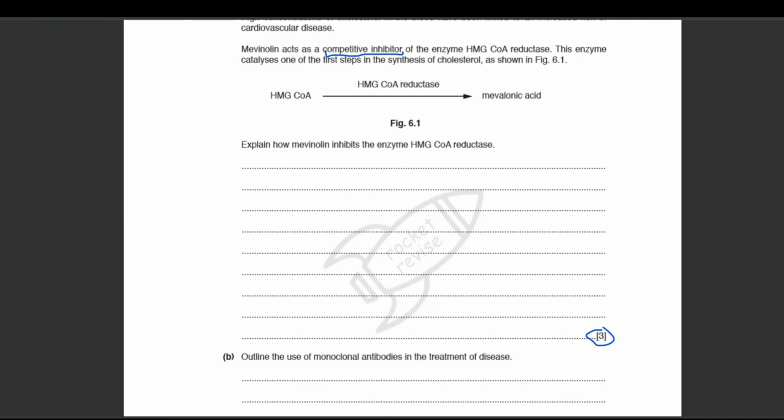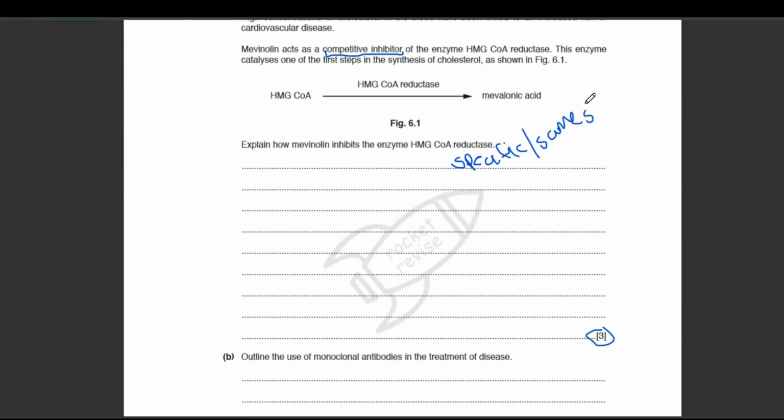You can write that mevinolin inhibits the enzyme HMG-CoA reductase because of the specific and same shape. Specific, this is a keyword, specific or same shape as that of the active site.